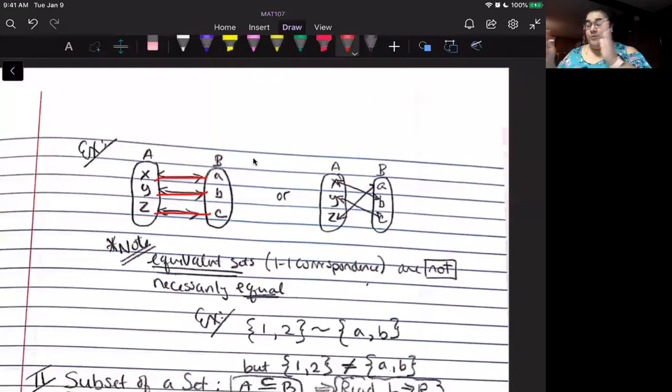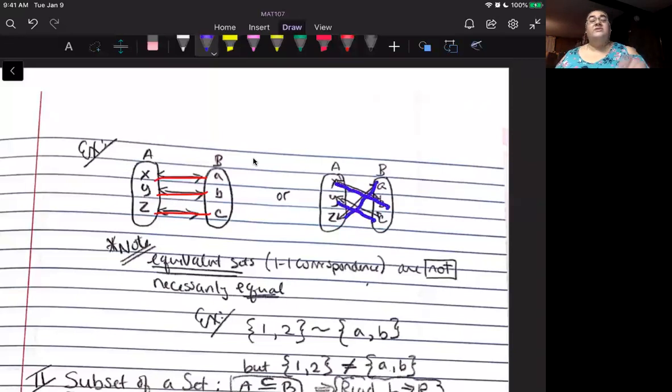Remember that earlier we defined that for two sets to be equal, they must contain the exact same elements. But they do have one-to-one correspondence because we can pair one element from A to one element from B all the way down. We could do it this way, or we could illustrate it this way, where we match, let's say, X to B and Y to C and then Z to A.